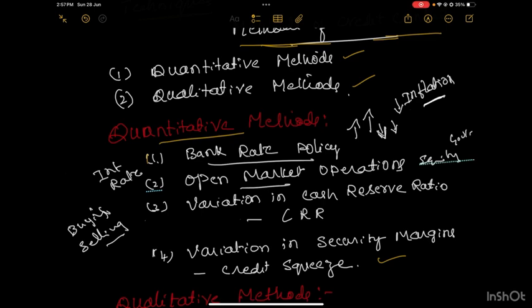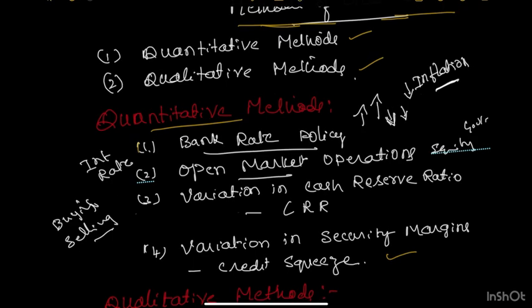So when the government wants to keep control over the money circulation, government gives an option to buy the securities, government securities, whatever it may be, infrastructure bonds also, that will be issued to the public, so that the people who are interested to invest will buy the shares, debentures or the infrastructure bonds, so that the money circulation comes down. Like that, they are going to control the inflation.